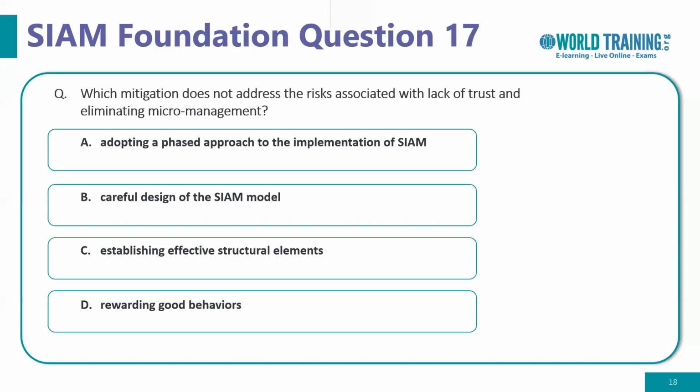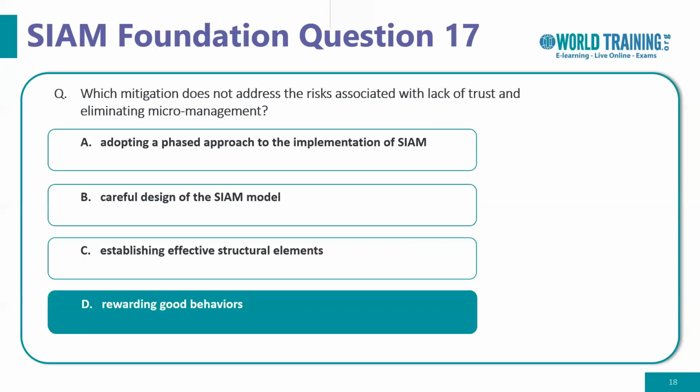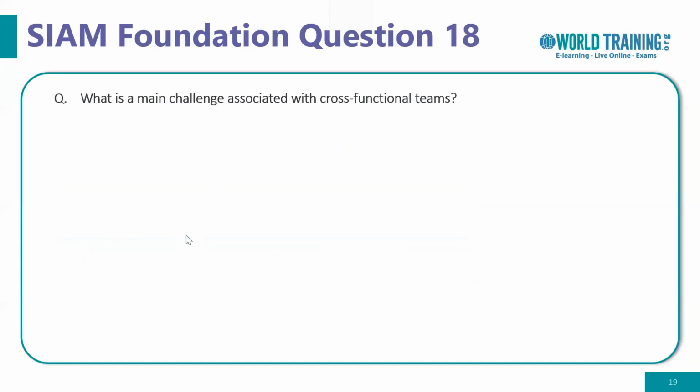Careful design of SIAM, again irrelevant. Establishing effective structural elements and rewarding good behavior: rewarding good behavior seems to align with lack of trust and eliminating micromanagement, right? So again, that can be an answer.